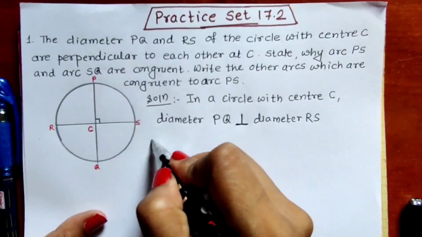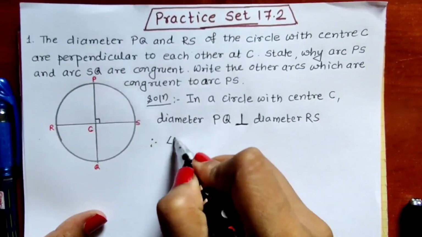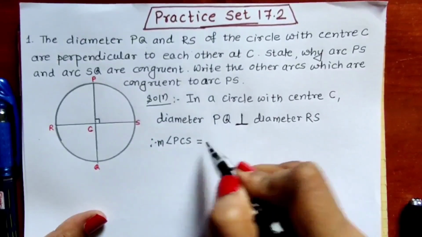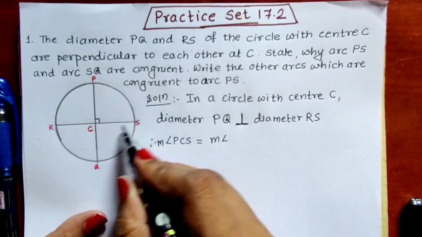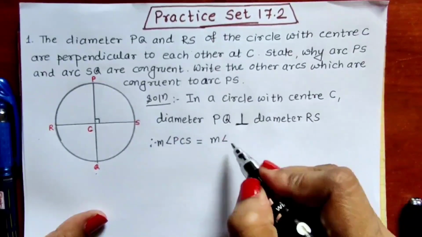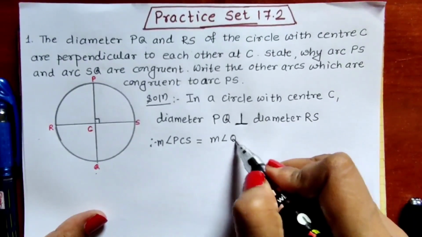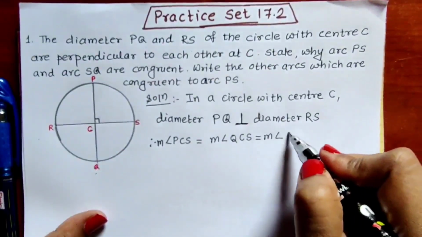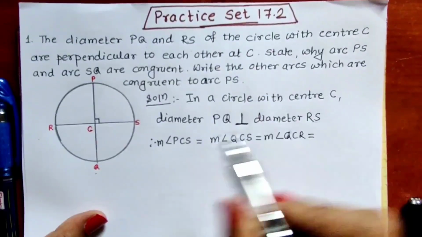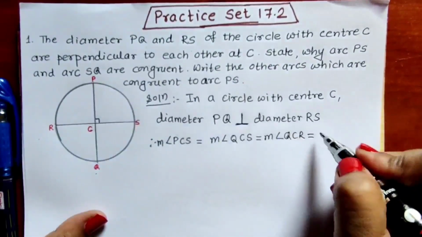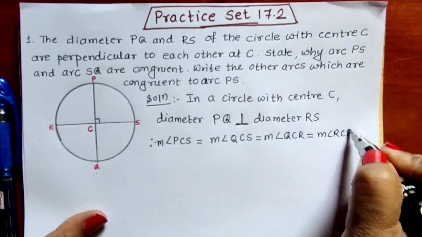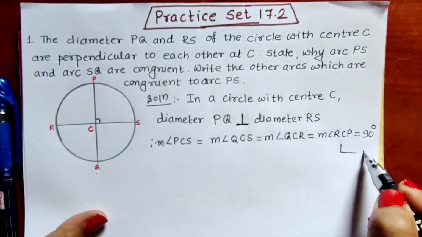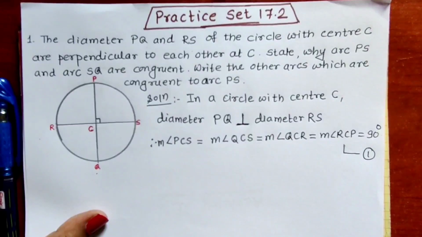So I will be writing, therefore, major angle PCS is equal to major angle QCS, is equal to QCR, is equal to the fourth angle RCP. All these angles will be of 90 degrees. This I give as equation number 1, or first statement.